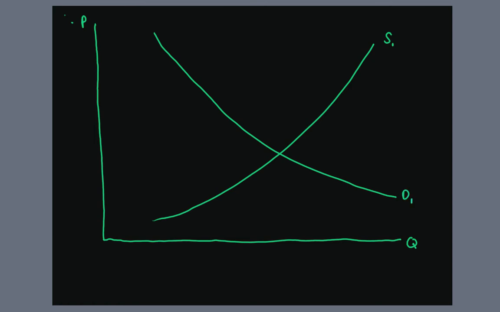So let me come down to the x-axis and start the way I usually do, which is to say, okay, this is exactly the definition of equilibrium. Quantity demanded equals the quantity supplied. And that is what defines our equilibrium quantity. So this is the first equilibrium. And we have, on the x-axis, the price that corresponds to that equilibrium quantity.